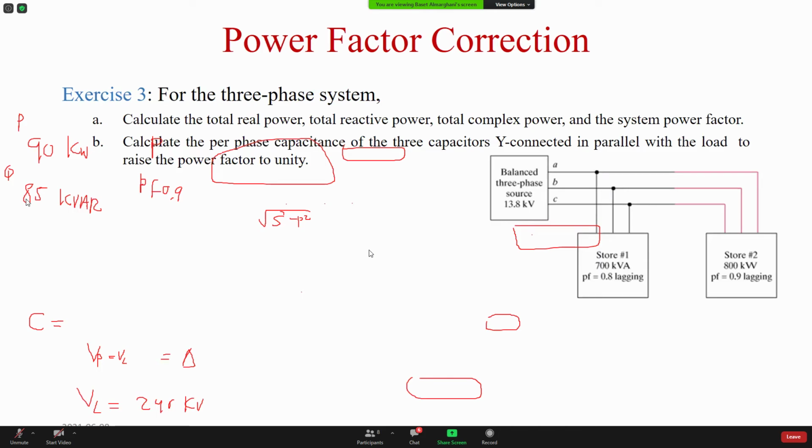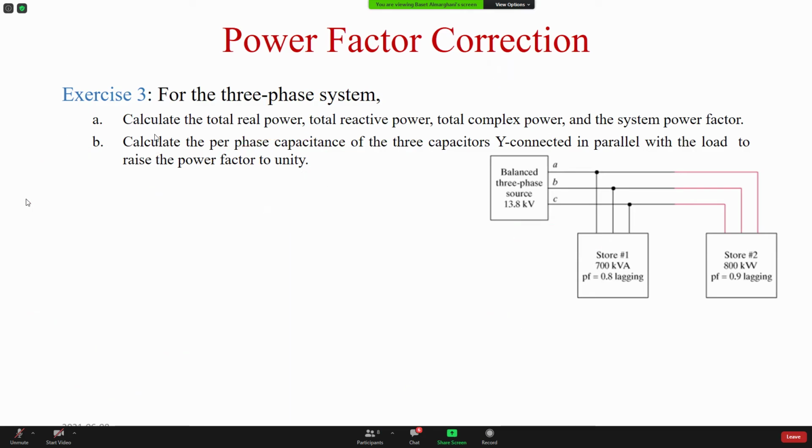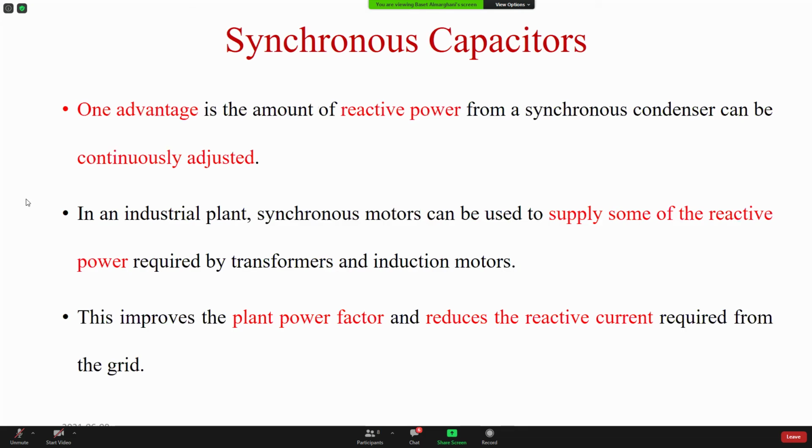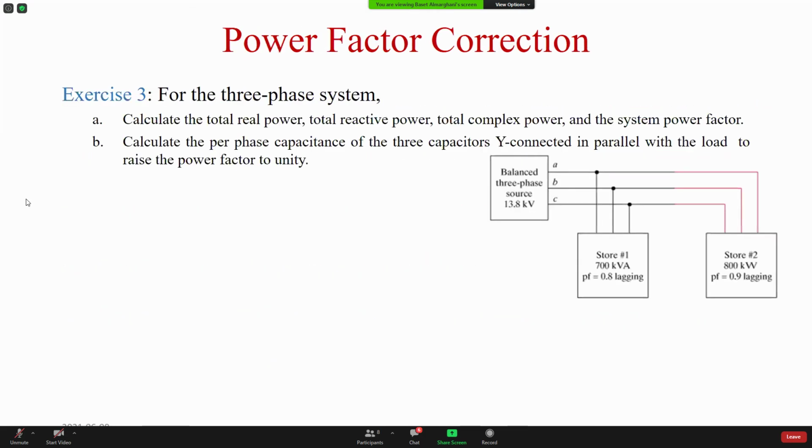Now the same exercise we're gonna do it here. So the example for you to do, this is just an exercise that we want to do together. Okay, so it says calculate the real power, total real power, total reactive power, total complex power, and the power factor.